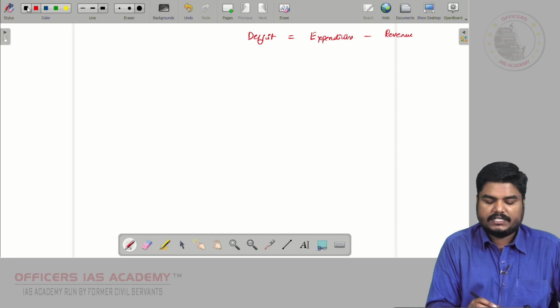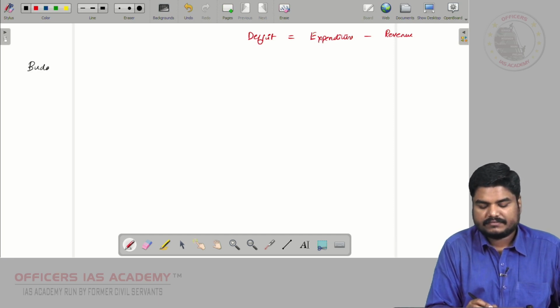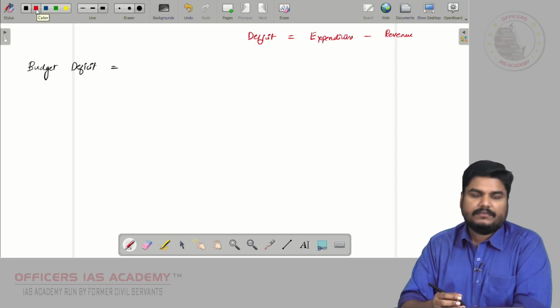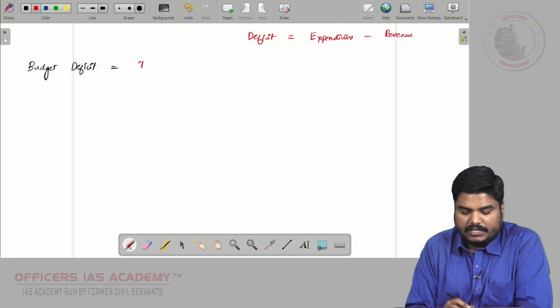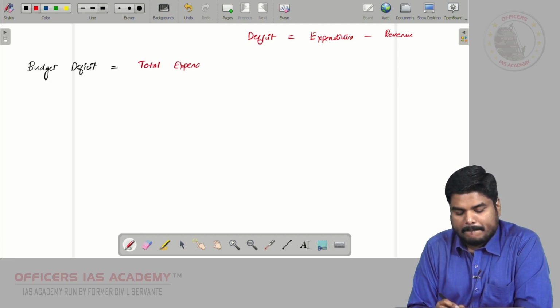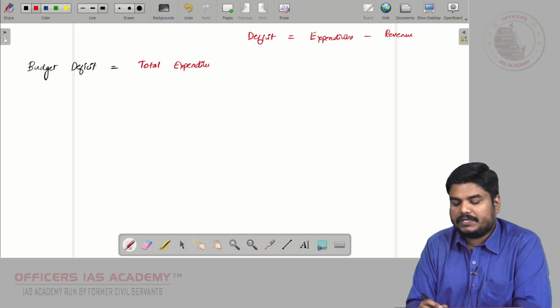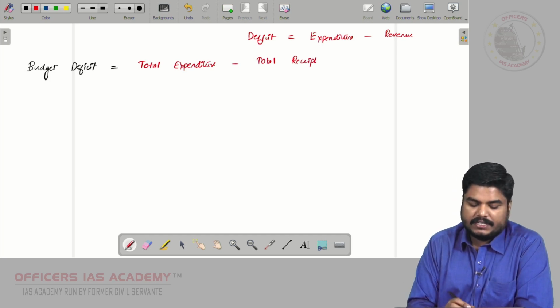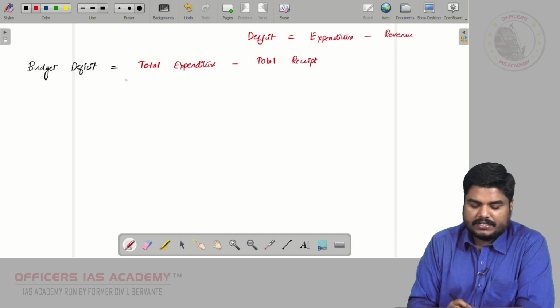Now what is budget deficit? Budget deficit is equal to the total expenditure minus total receipt. Here total expenditure means what?